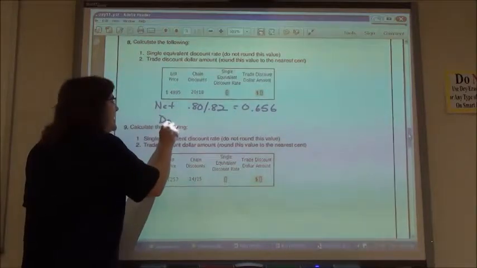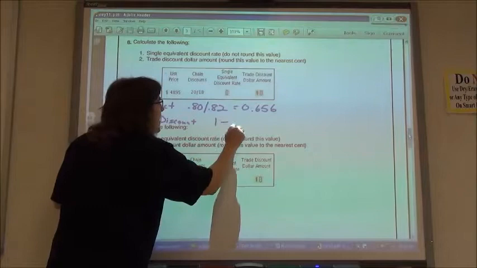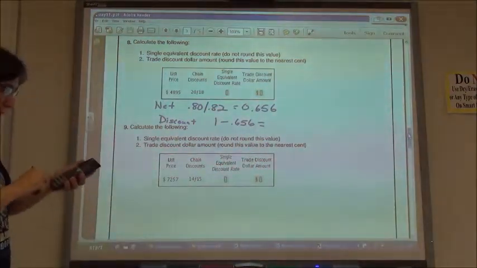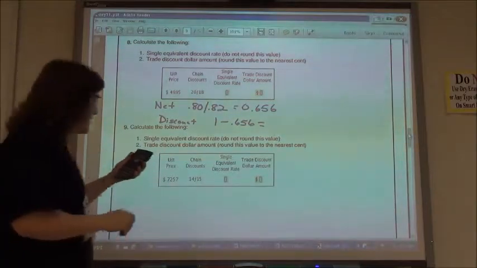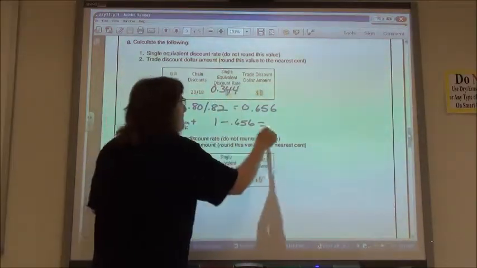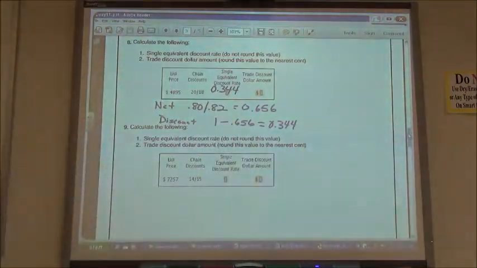Now I want to find the discount rate. So I'm going to take 1 minus that 0.656. And so if I take 1 minus 0.656, I get 0.344. So 0.344 would be my single equivalent discount rate.